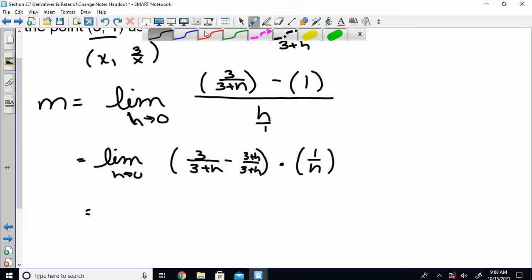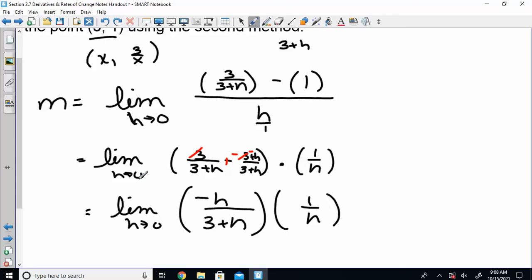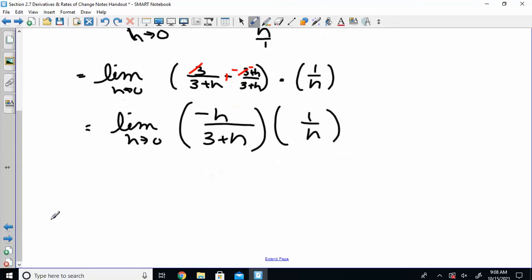What would you have to do with that negative? Distribute. So positive 3 and negative 3 would cancel. So we get negative h over 3 plus h times 1 over h.